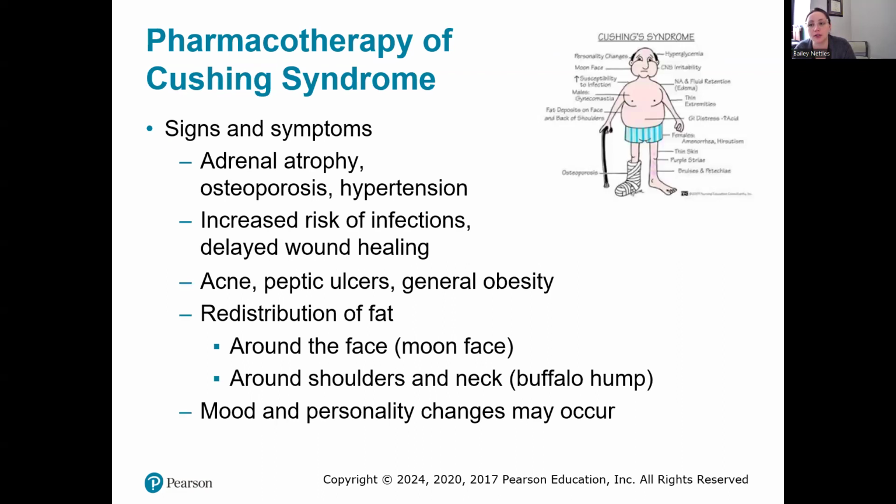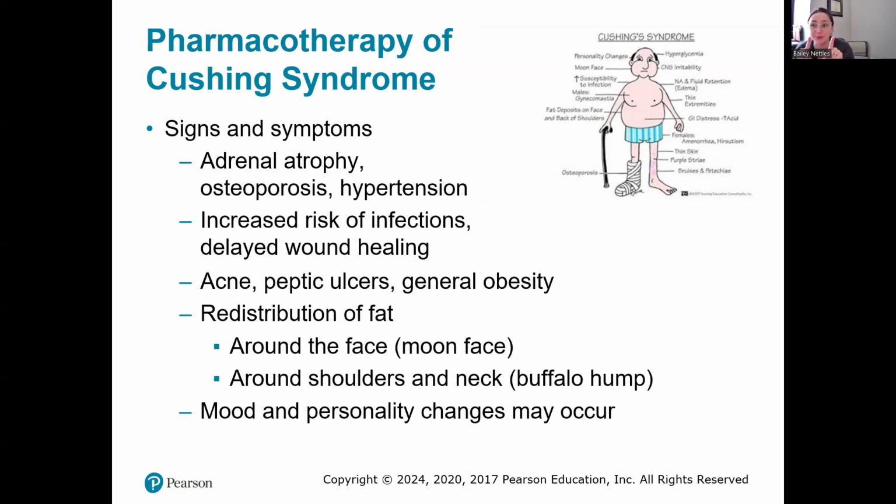So this is what Cushing's looks like. When they were talking about the buffalo hump, it's not a mean thing. It's literally a hump on their back. It's very pronounced, okay? So you can have personality changes, high blood sugar, moon face, which also sounds derogatory, but it means it's not just a round face, it is an extra round face. Like, you look at it and something is not right there, okay?